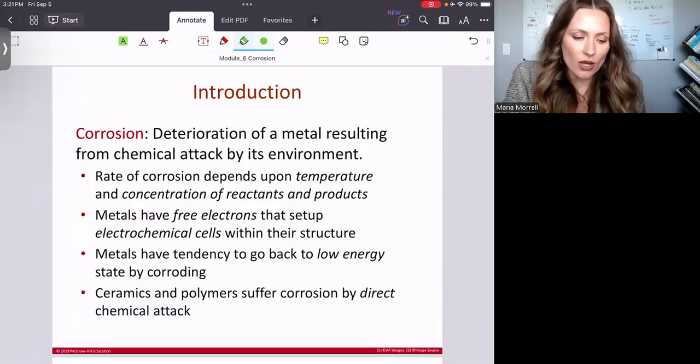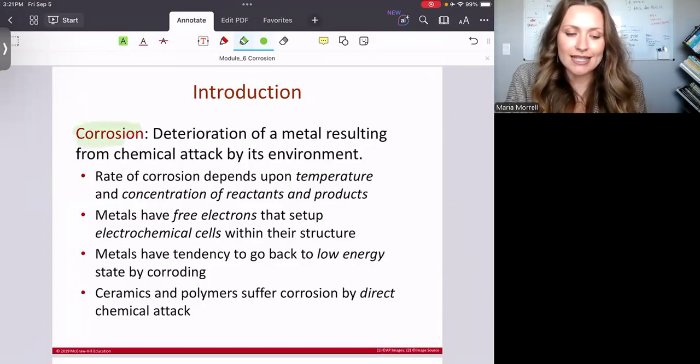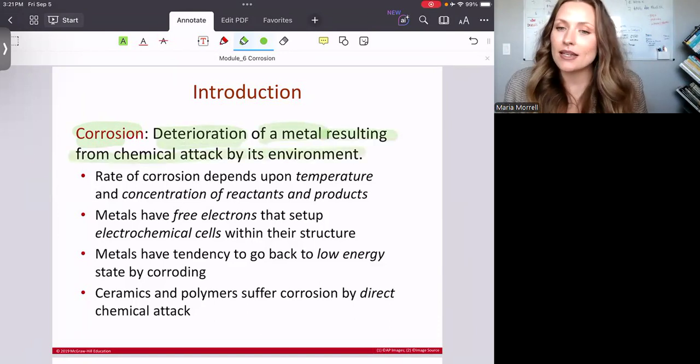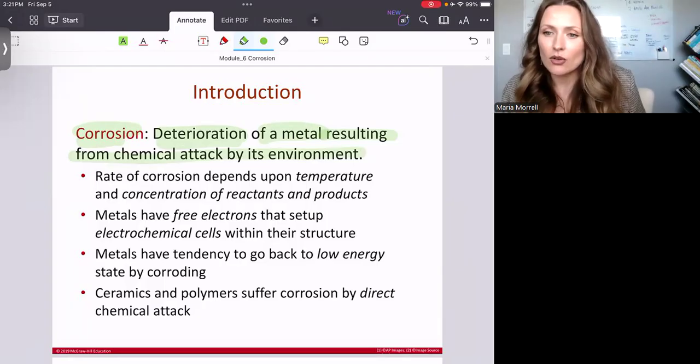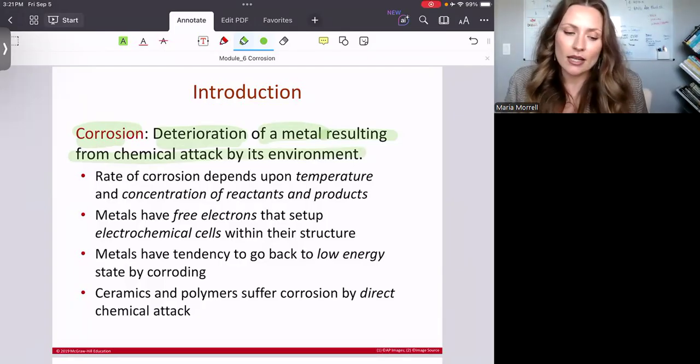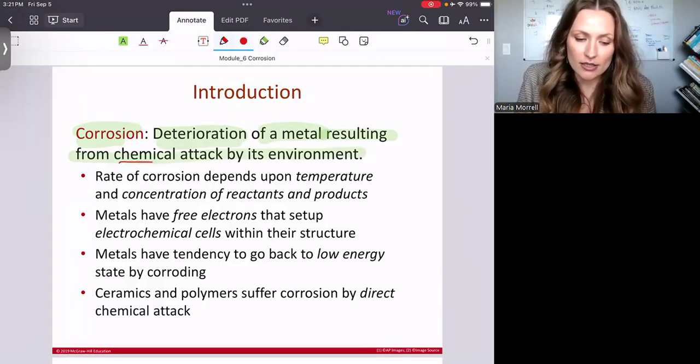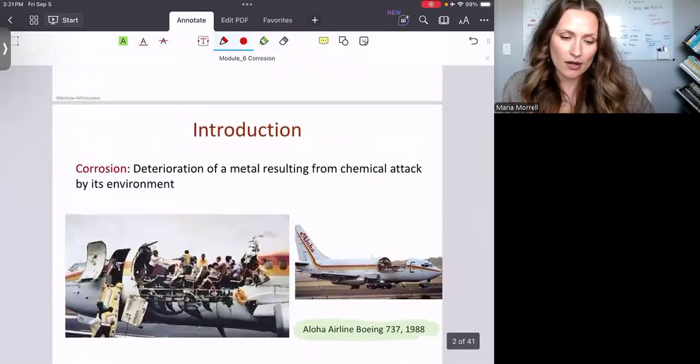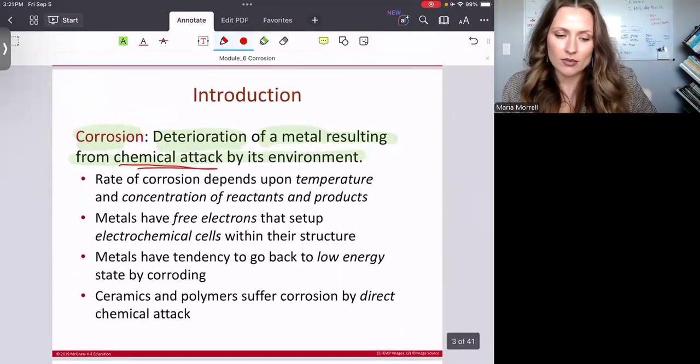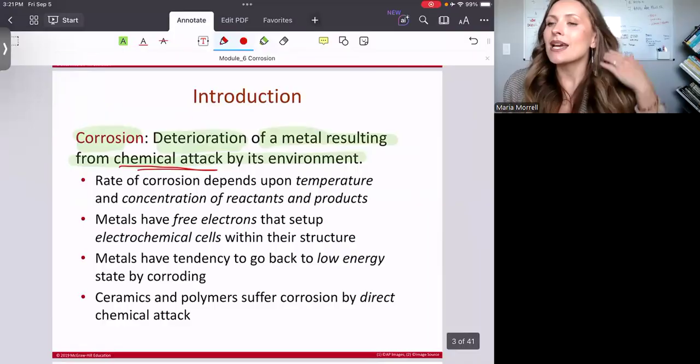Okay, so as I said before, corrosion is a deterioration of a metal resulting from chemical attack by its environment. I have the exact same definition on the prior slide as well.